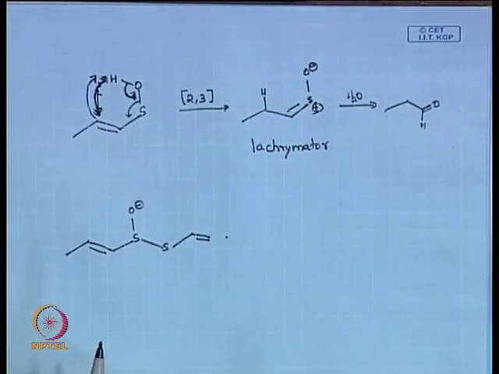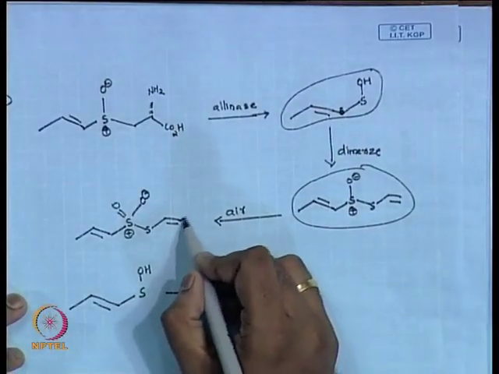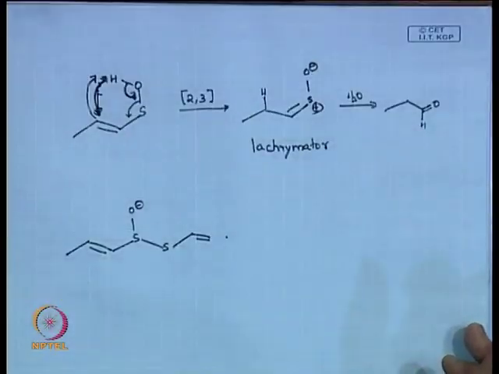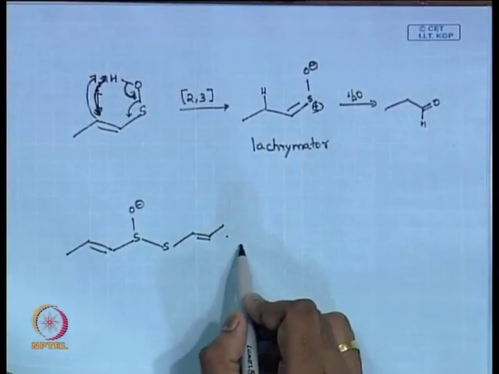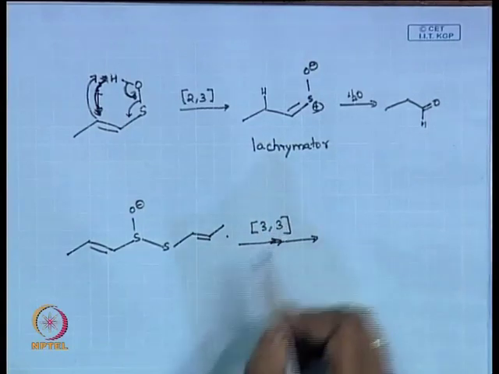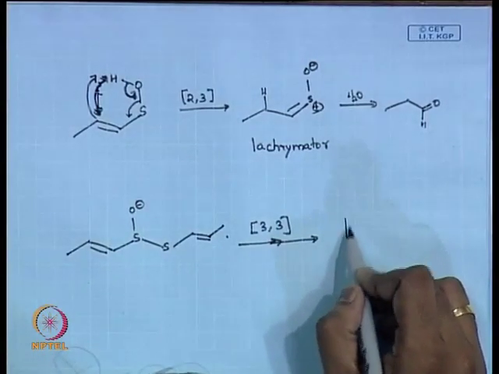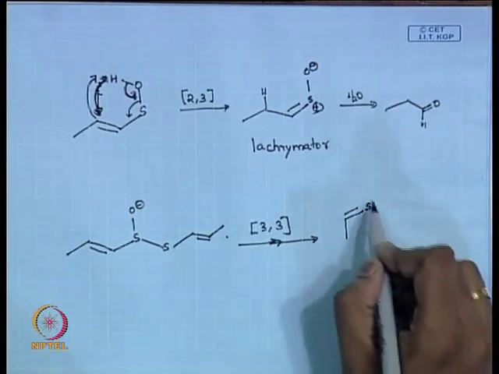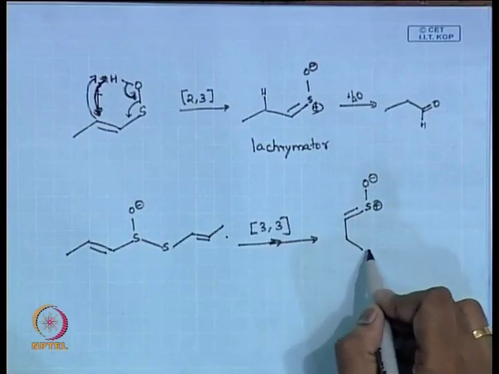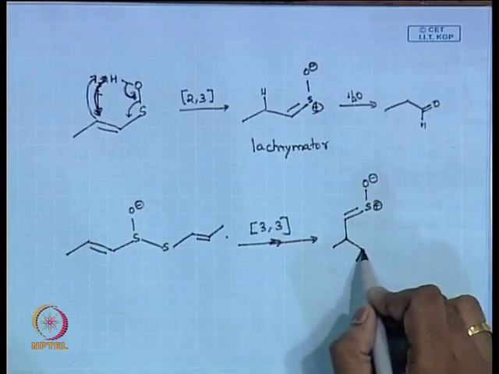Oh sorry, in this case, because it is a dimerization, we have missed a methyl there. Methyl is missing. So, you can do a 3,3 Cope rearrangement, very good. Okay. So, you end up with what product? This methyl here, methyl here.